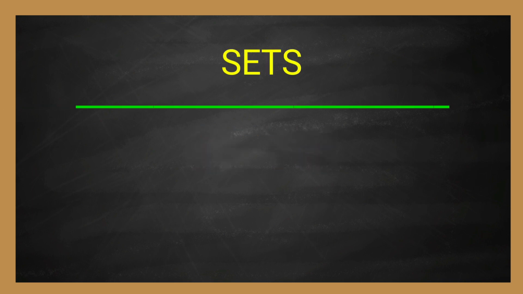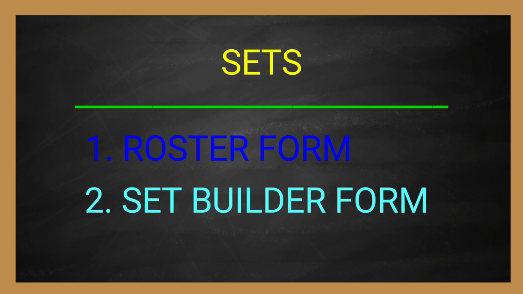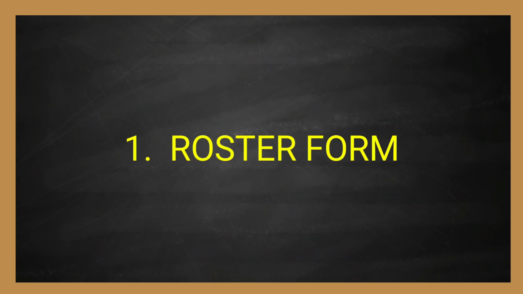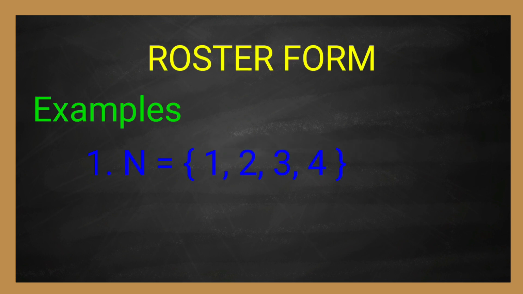Generally, sets are represented in three ways: roster form, set builder form, and Venn diagrams. Now, roster form. If all the elements, that means distinct objects of the group, are present in the set, then it is said to be in the roster form.